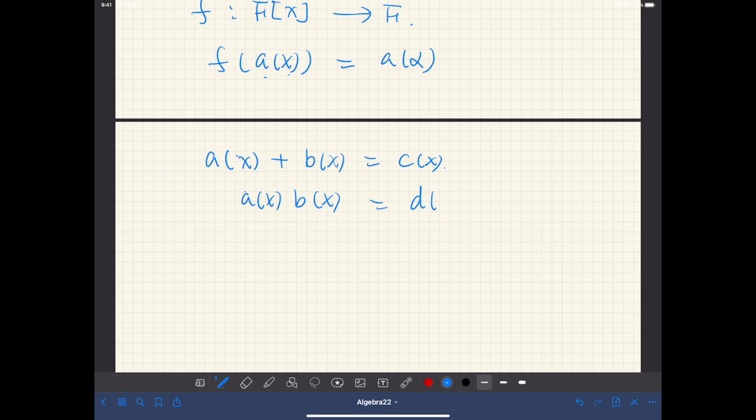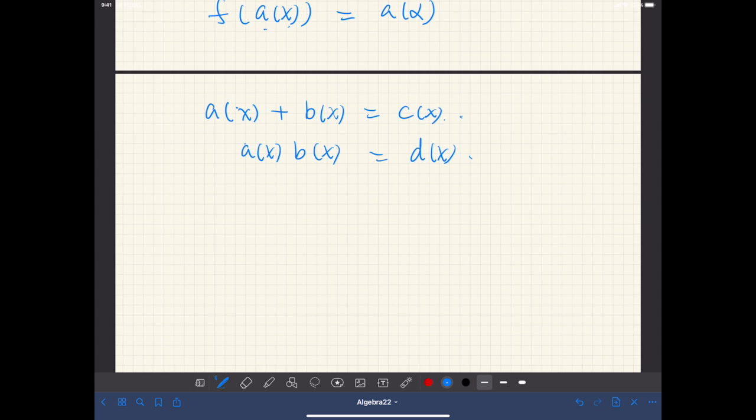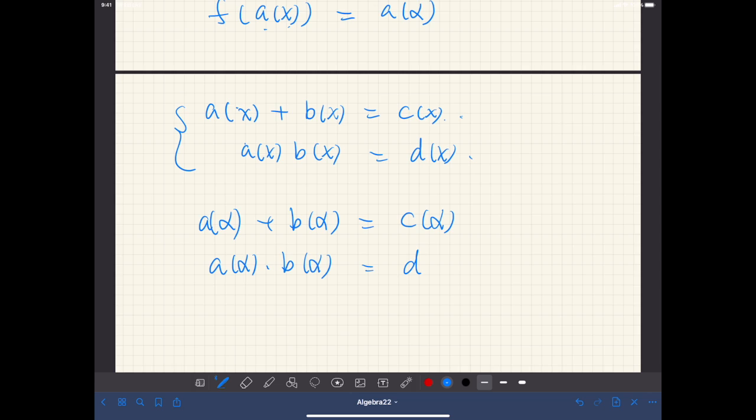If we define c and d like this, then a of alpha plus b of alpha is of course c of alpha, and a of alpha times b of alpha is of course equal to d of alpha.